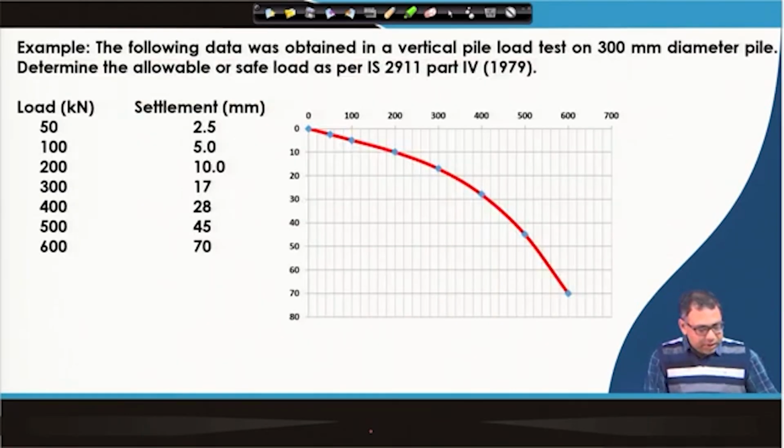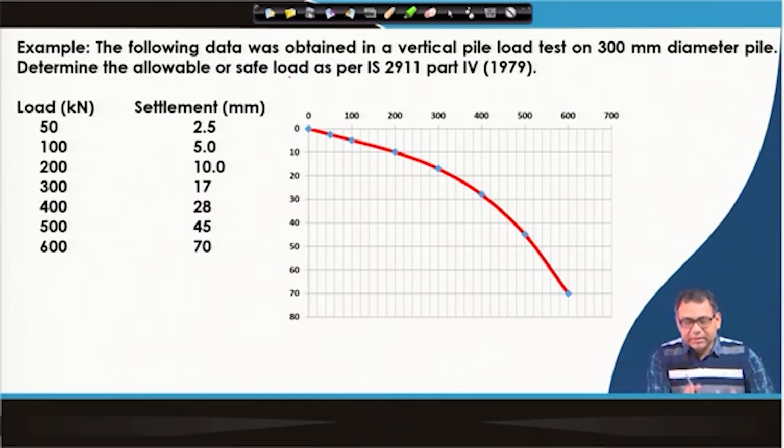Now I will determine the load carrying capacity of the pile based on this load test. The following data was obtained for a vertical pile load test of a pile of 300 millimeter diameter. Determine the allowable or safe load as per IS 2911 Part 4, 1979.